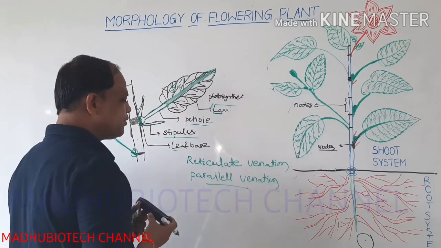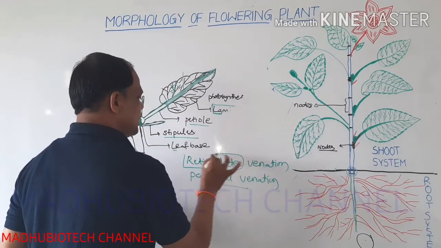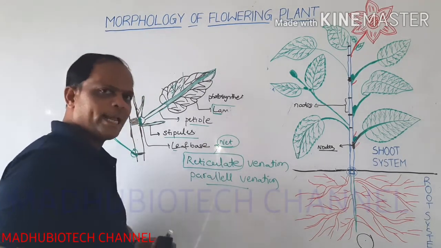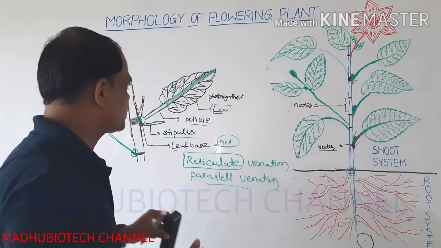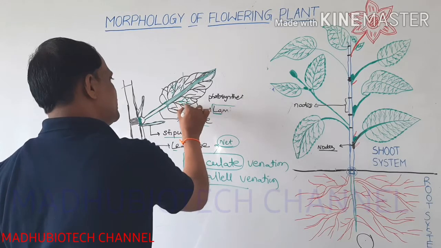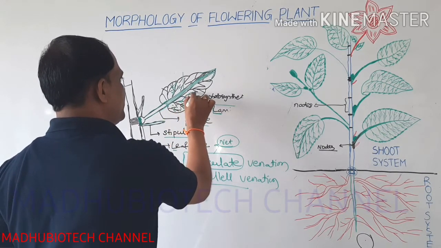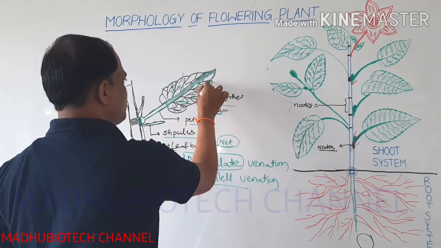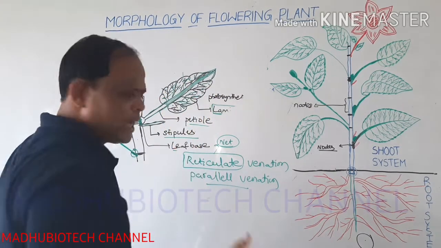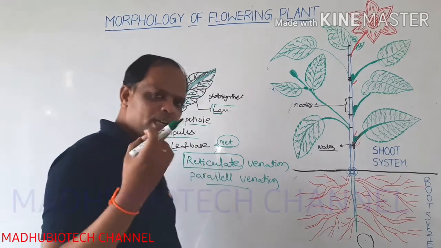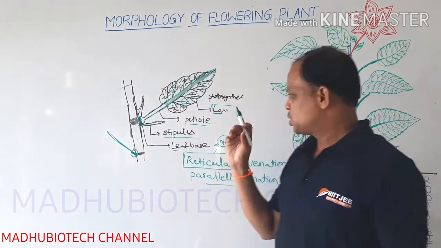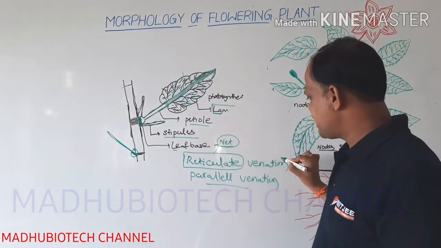Reticulate venation means a network-like structure, a zigzag manner. The veins and veinlets are arranged in an irregular, network-like manner. Such a type is called reticulate venation.